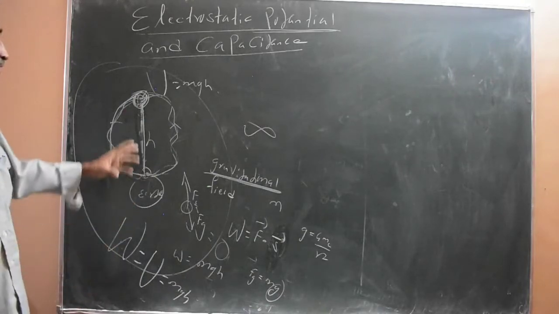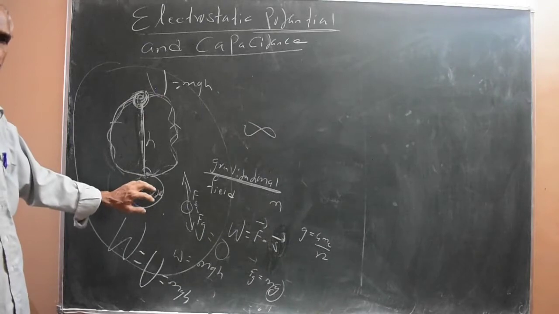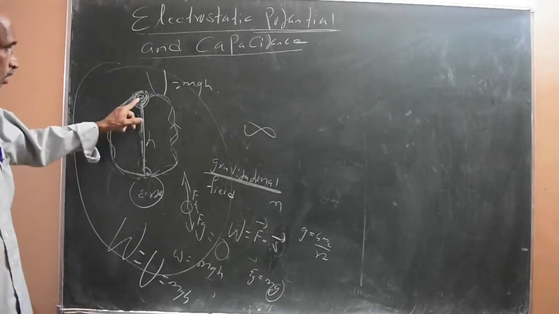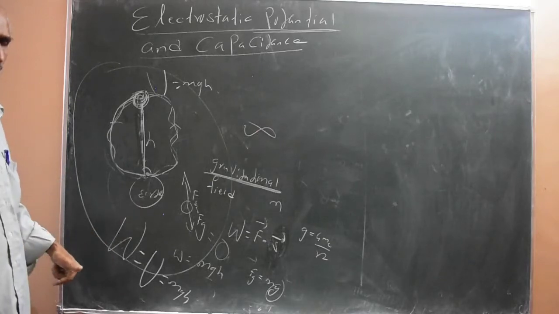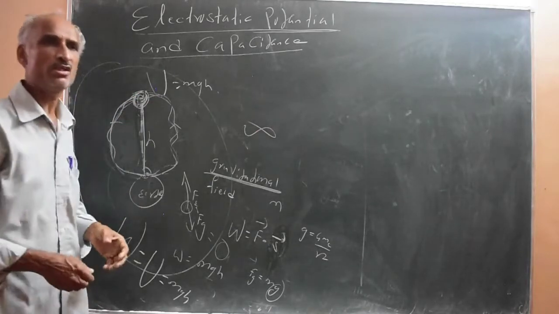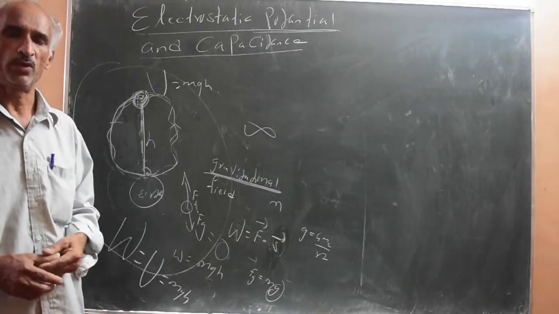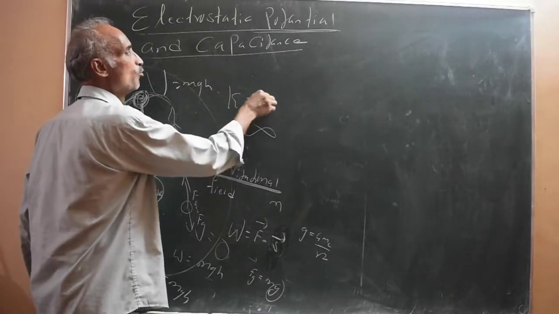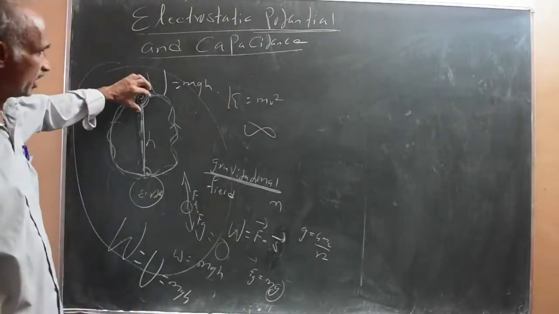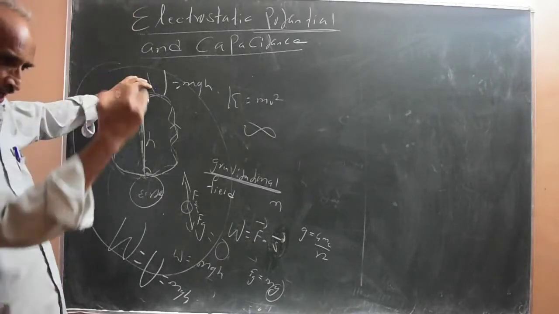When the body is released, it falls downwards, because now this potential energy converts to kinetic energy. That's why the body gets a velocity. The kinetic energy formula is kinetic energy equals half mv squared. As the body is released, the gravitational force of the earth drags it downwards.